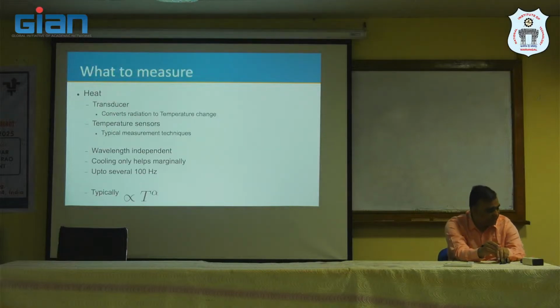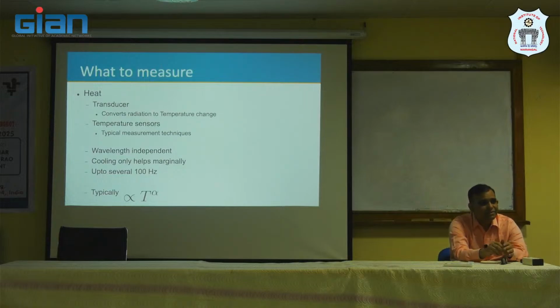Then of course, the question is, what do you measure? Now, there are two things here. One is you measure heat, the other is you measure a wavelength. Heat is generally broad spectrum, and the way you measure heat is, your transducers will convert heat either directly to a voltage or to something intermediate.